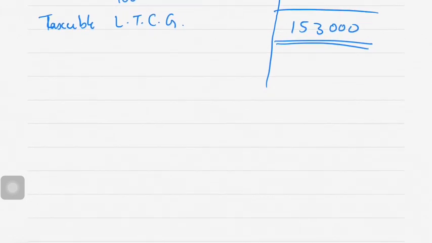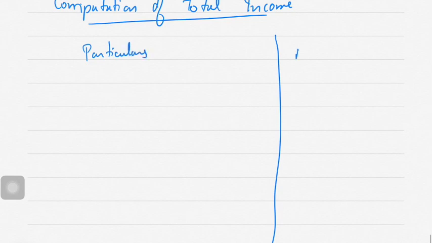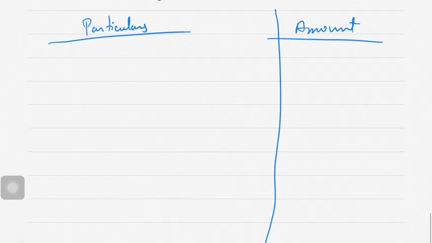So these are the three incomes he is having. Income from other sources is not there, so computation of total income. Draw two columns, particulars and amount. Write down section 15, income from salary.